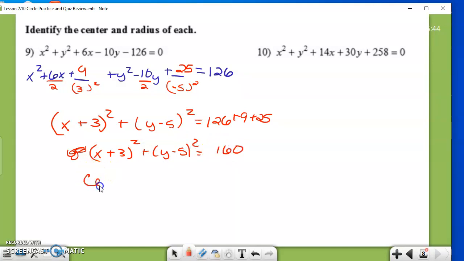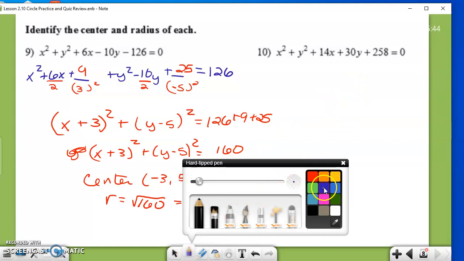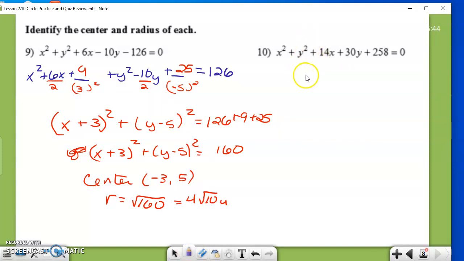So my center here is going to be negative 3, 5. And my radius is going to equal the square root of 160 units, which is the same thing as 4 root 10. All right, guys, you guys try this next one. Pause the video quickly. I'm going to try to get the answer for you so you can check your work.